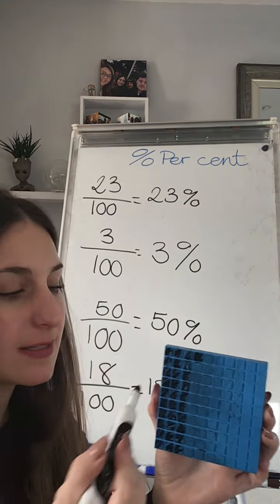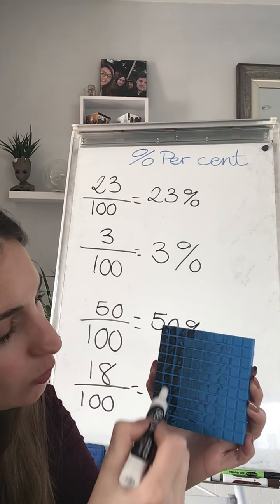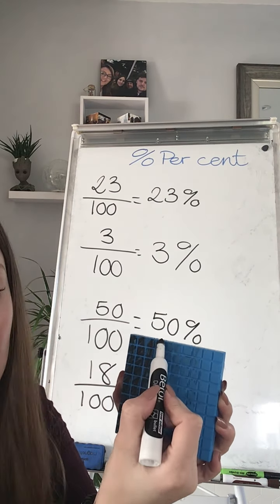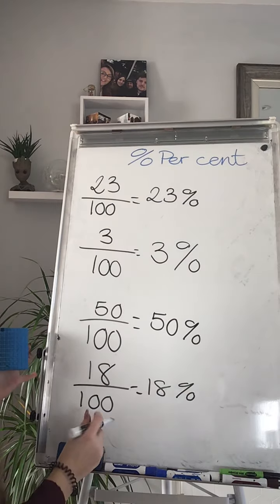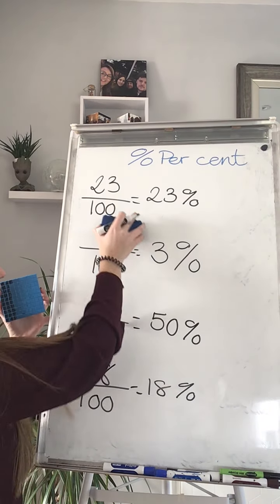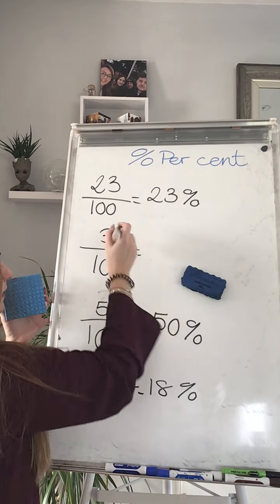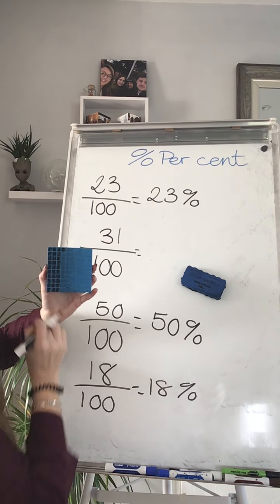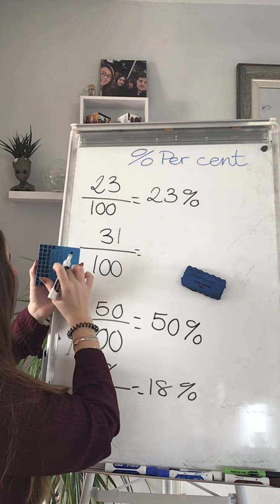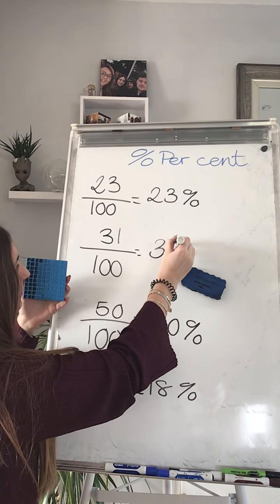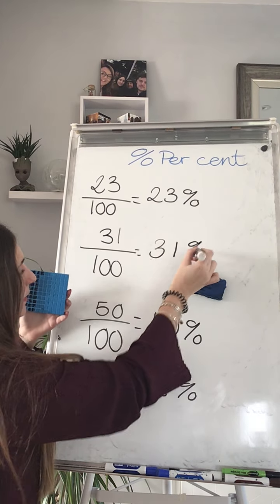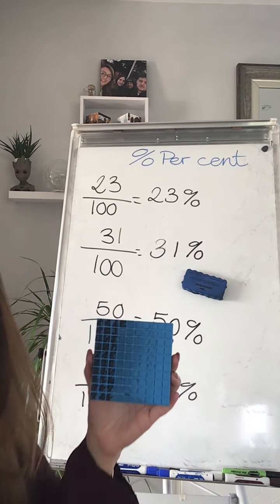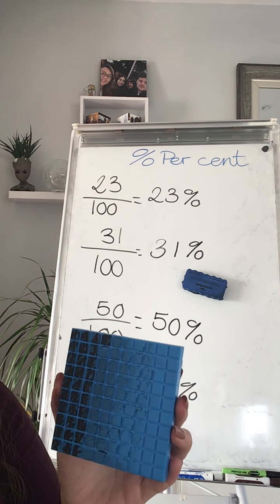Okay, so this time I have 10, 20, 30, 31. So I can show you now that I have 31 hundredths, which is the same as 31%. Well done, guys.